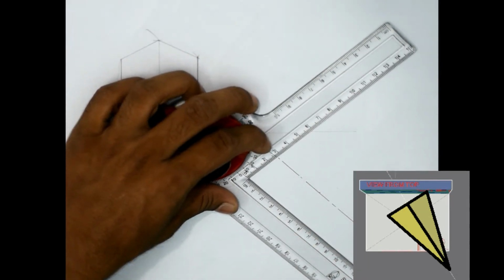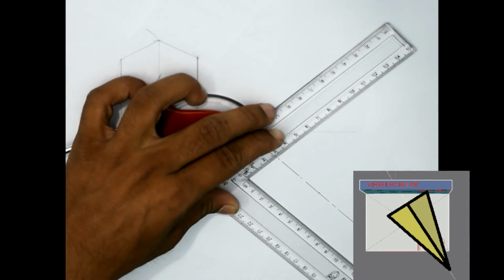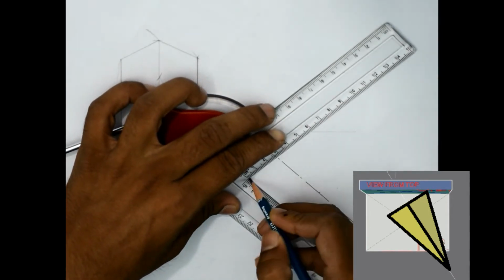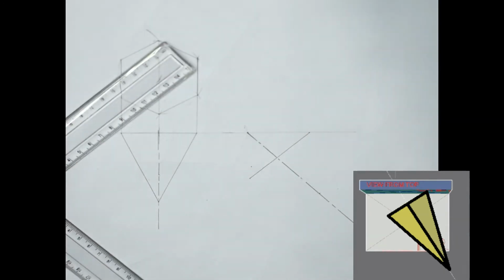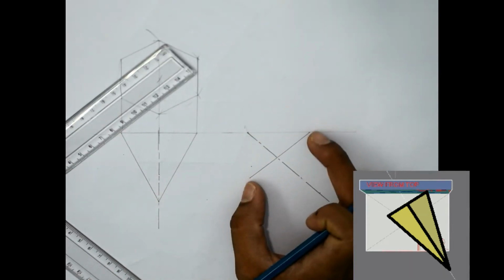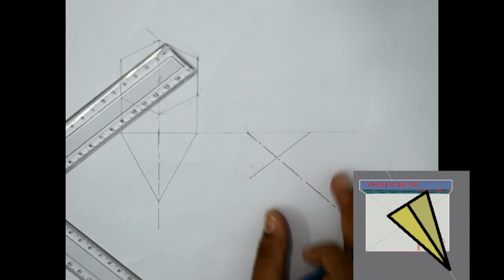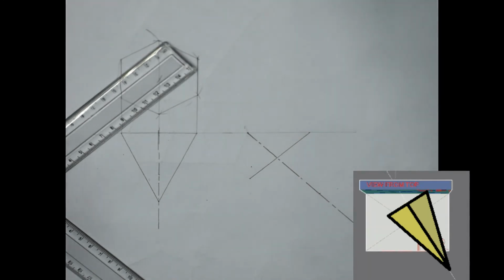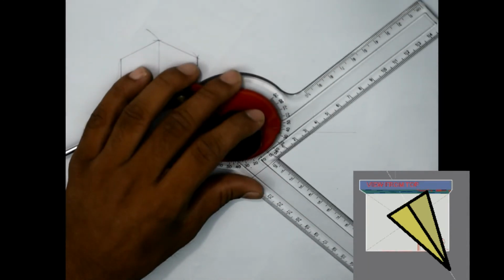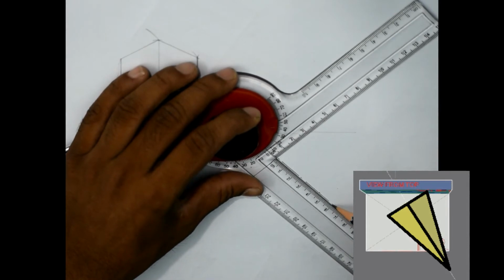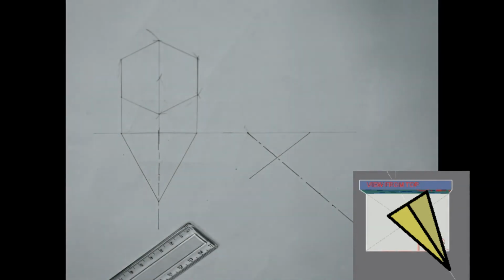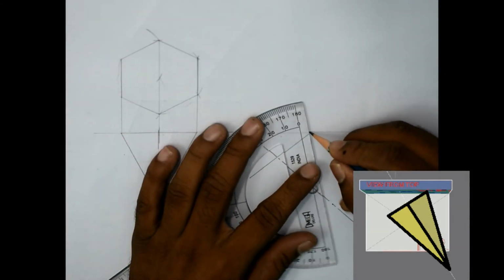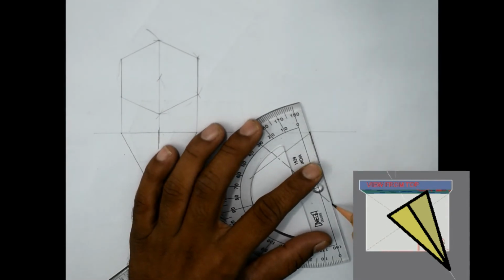So now with the H pencil, if I draw this line here, this will mean that this base is now tilted to an angle of 45 degrees with the VP. As the axis height is 60, I'll mark 60 here. Then I need to just join these points.